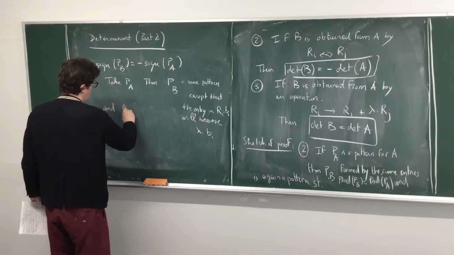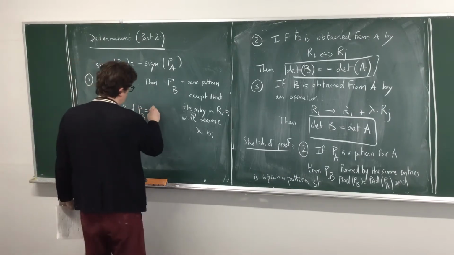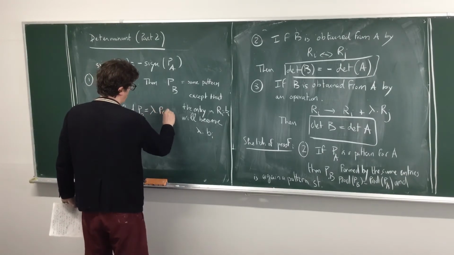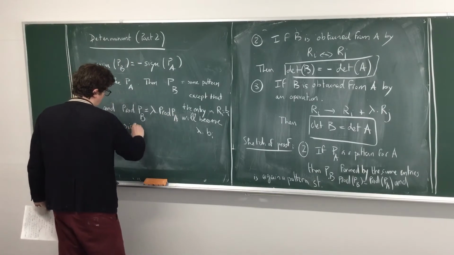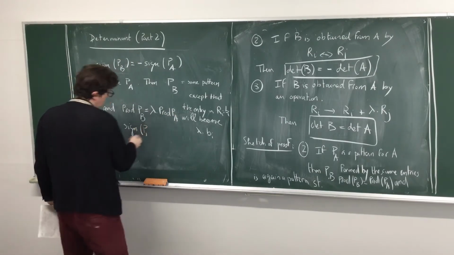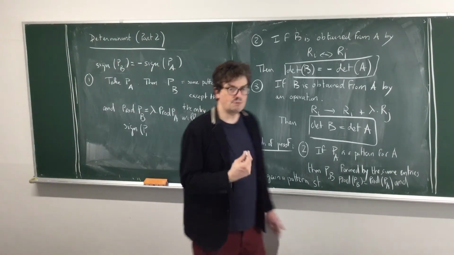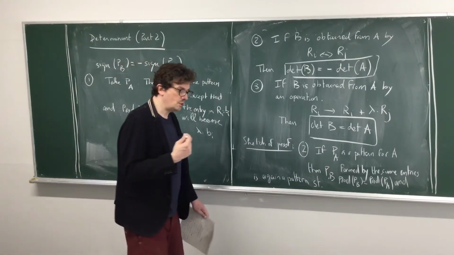Obviously the product of PB will be equal to lambda times the product of PA, and also the sign. The nature of inversions is just related to the location of the entries, not their value.